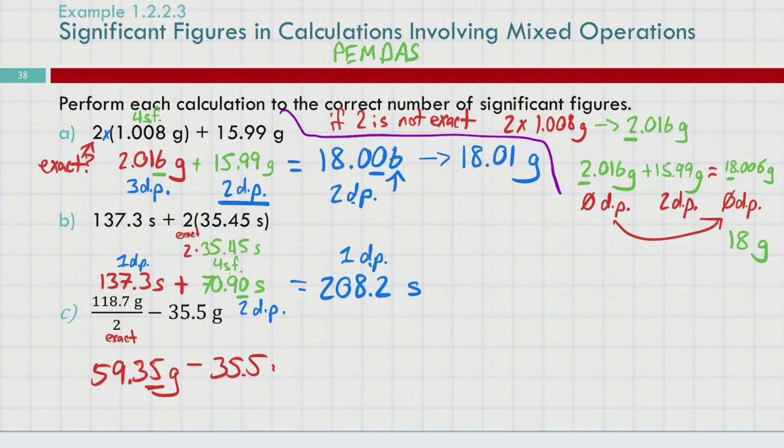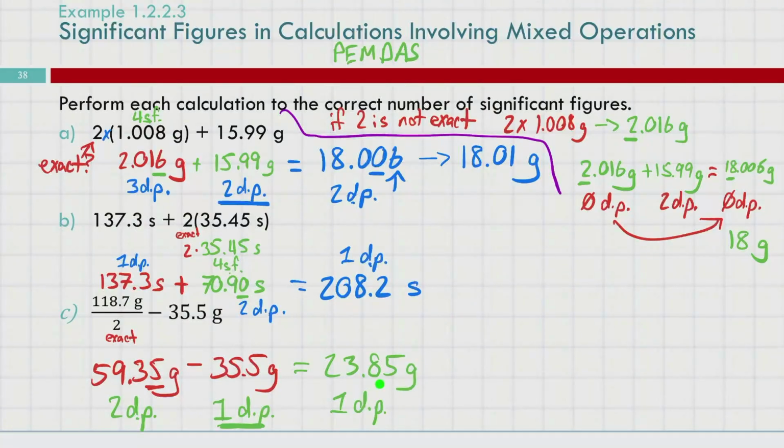Subtract 35.5 grams. We've got 2 decimal places. We've got 1 decimal place, so we're going to pick 1 decimal place for our answer. Calculator gives us 23.85, and we keep the grams on there.